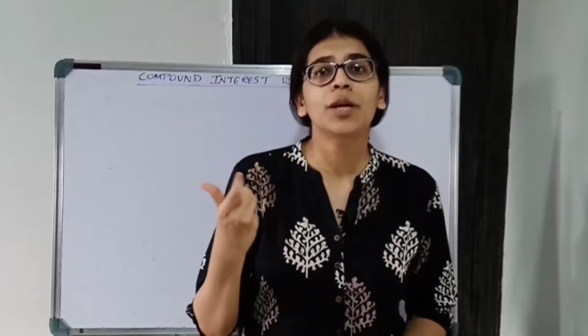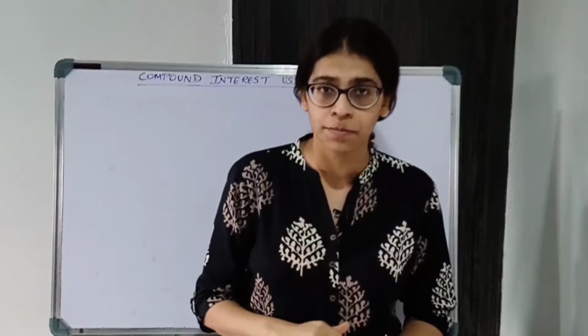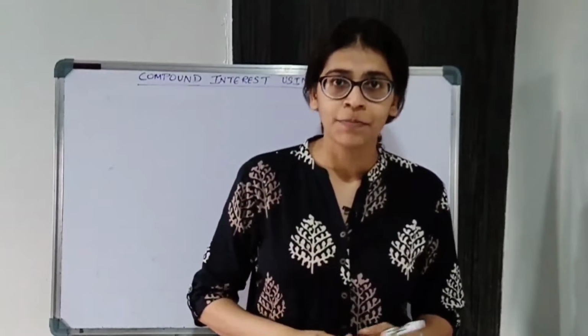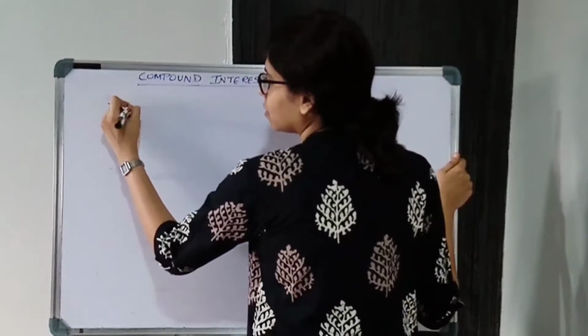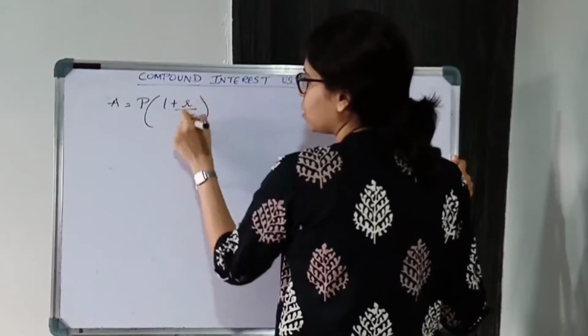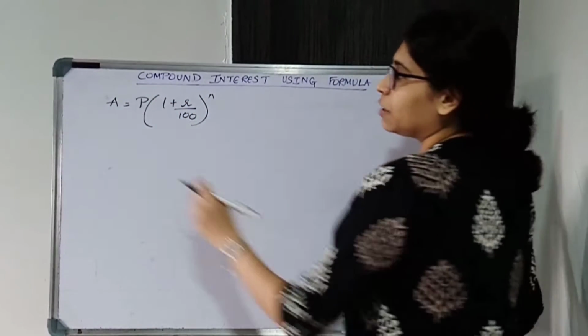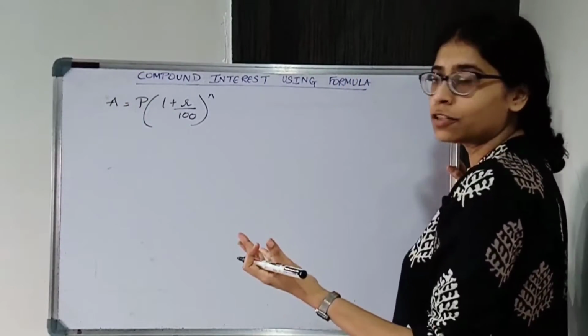Okay, so in this chapter we'll be using the formula to find compound interest as well as the amount. So what are the formulae? Now for amount, the formula is P into 1 plus R upon 100 raised to N. Okay, where A is the amount that you have to find after the N number of years.